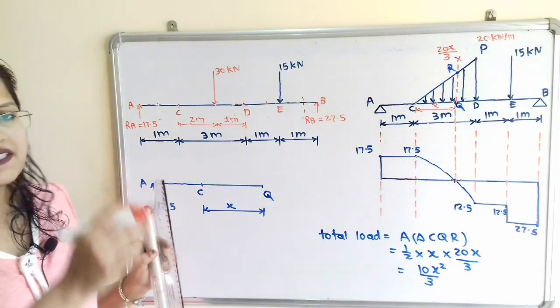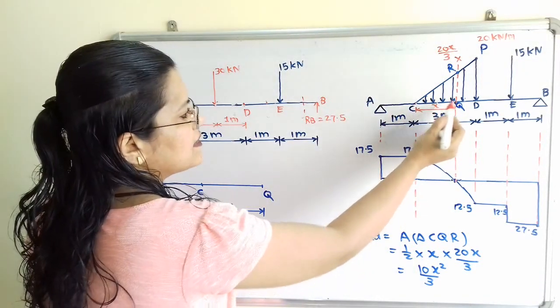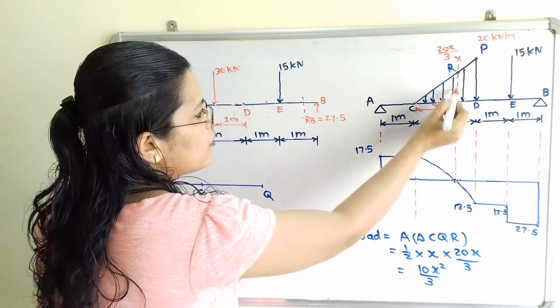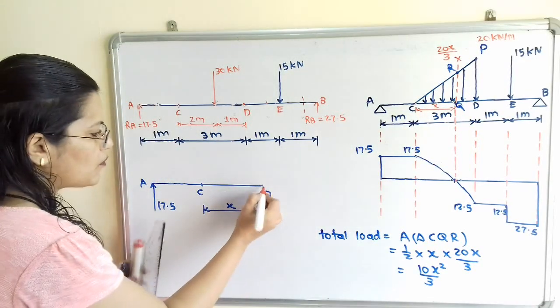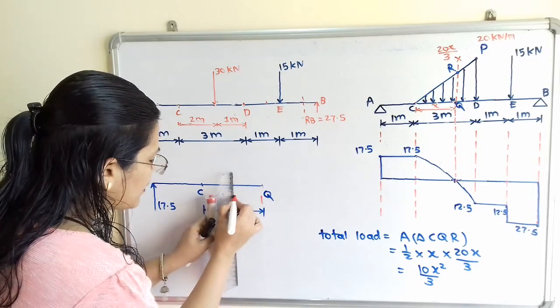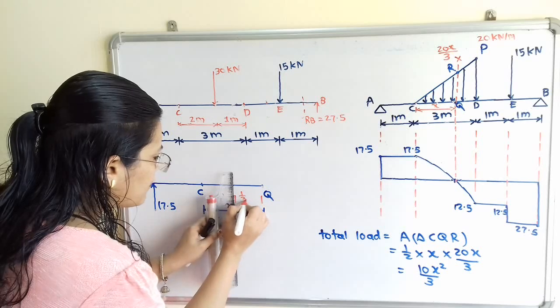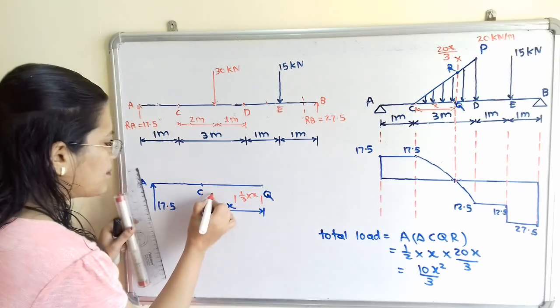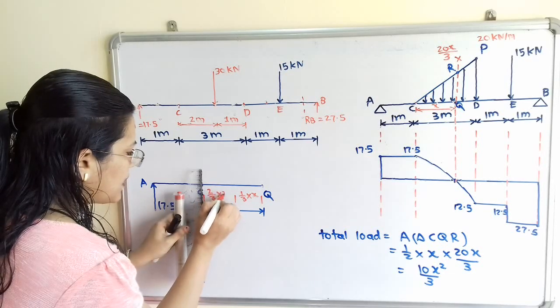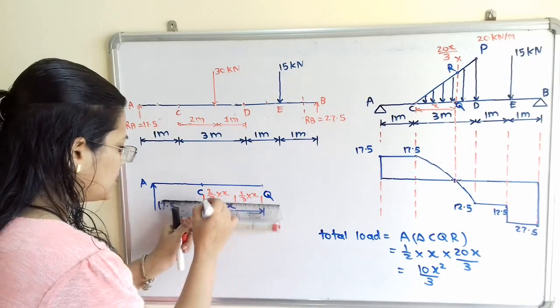This 1 by 3 multiplied by x is from the maximum load. The maximum load is along this RQ, that is from this point Q. So I will divide this part into 1 by 3 multiplied by x, and the remaining will be 2 by 3 multiplied by x, and we will show this.